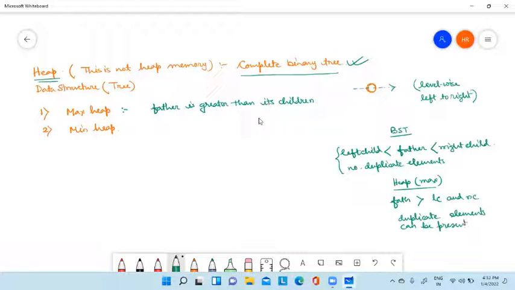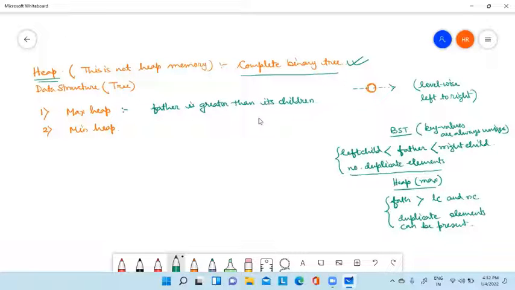Now the question is, why in case of binary search tree no duplicate elements are allowed? Because in binary search tree what we are searching are key values. Key values are always unique.